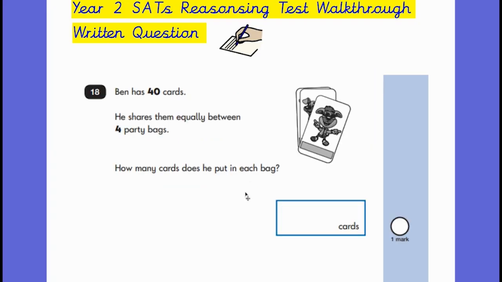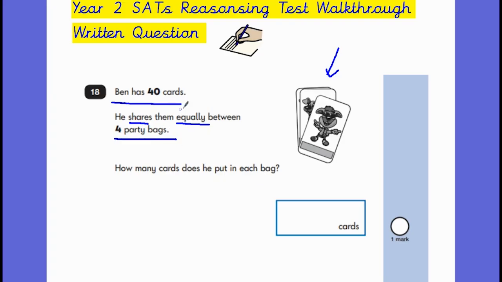Question number 18, another worded problem. So we have to read the question carefully. Ben has 40 cards. And it gives us a picture of the playing cards here. He shares them equally, we've got words like this, shares and equally, between 4 party bags. How many cards does he put in each bag?